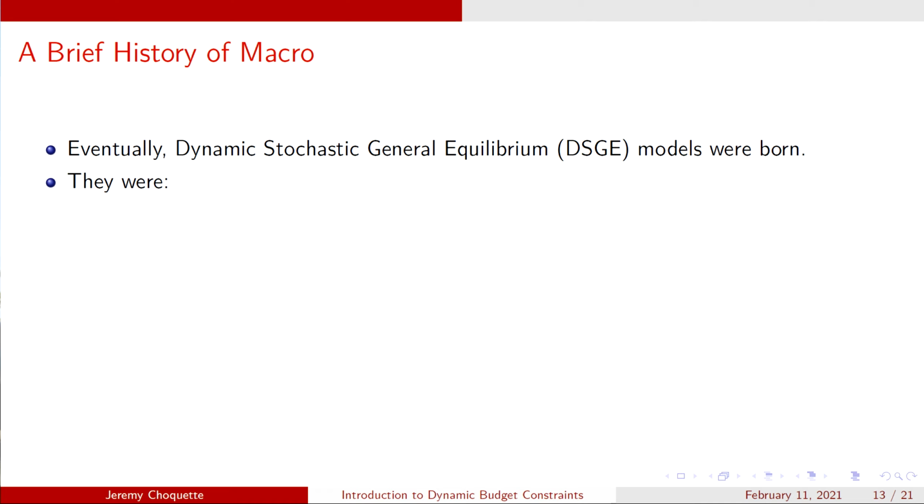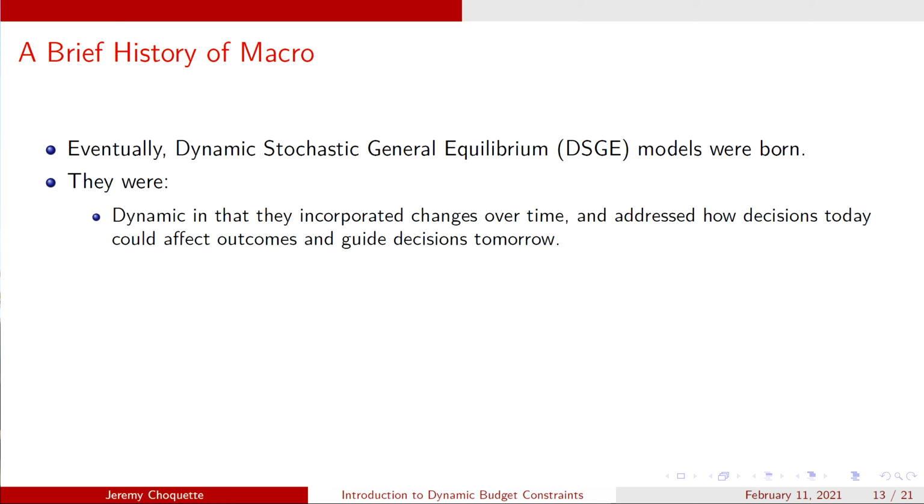Now, these dynamic stochastic general equilibrium models, these DSGE models, are dynamic because they incorporate changes over time. They address how a decision made today can affect outcomes tomorrow and how it can guide decisions tomorrow, right? If you make a decision to do something today, like, let's say, okay, here's a dynamic example.